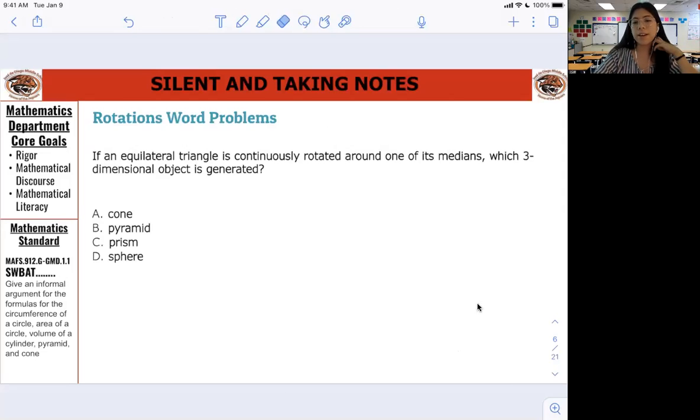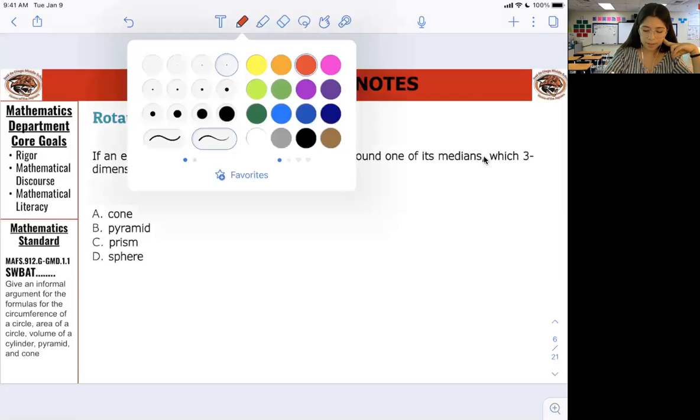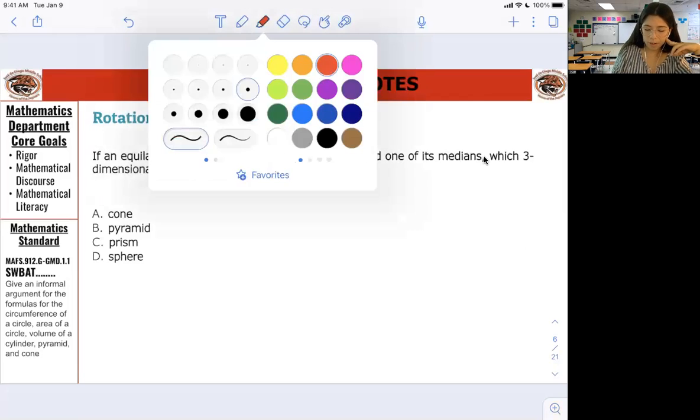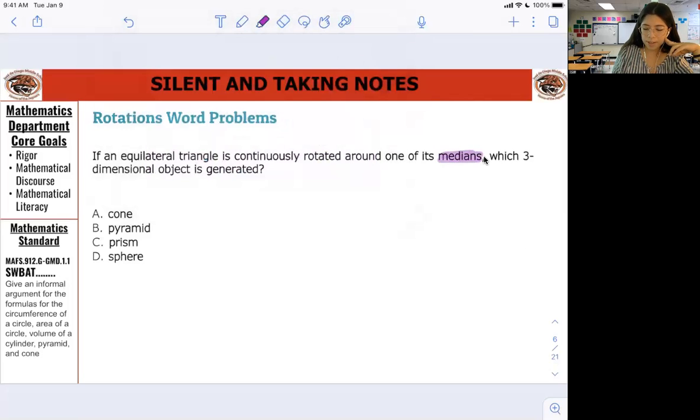Most people chose A, and that is correct. Again, this time it's not a right triangle. This time I have an equilateral triangle, and it's being rotated around one of its medians. So the word median, we've seen it before, but we haven't really gone over it. What does the median sound like? Where does it sound like it's located? Yeah, down the middle. That's exactly what it is.